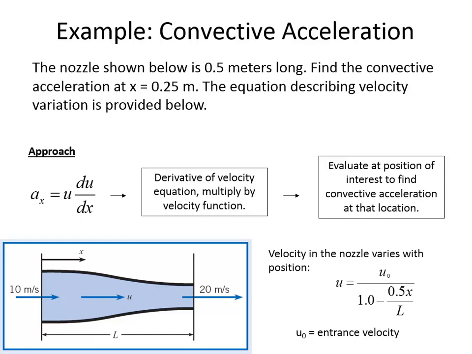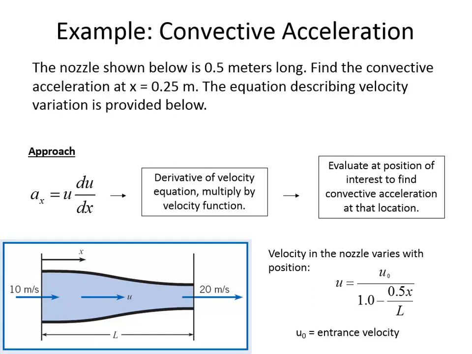So where we're at so far is we introduced some variable m to stand in for the expression 1 minus 0.5x divided by L. Since it's in the denominator, that's the same as u naught times m to the minus 1. We take the derivative of that with respect to m using the chain rule, and then it's dm dx.